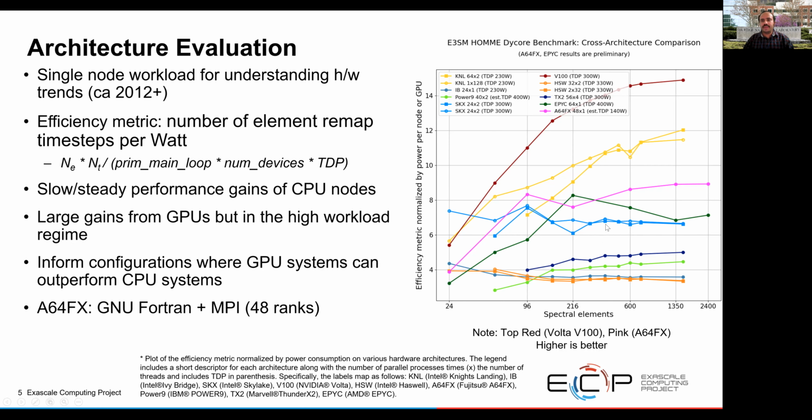This kind of data helps us figure out what problem configurations and node counts are suitable for running on large GPU-based machines like Summit at Oak Ridge. Specifically for the A64FX, the results I'm showing use the GNU Fortran version and plain MPI using 48 ranks.